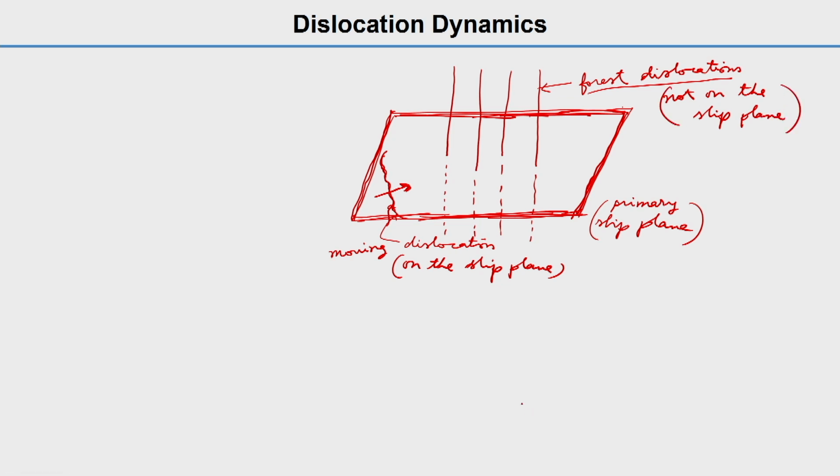So what will happen now? This dislocation will need to overcome these forest dislocations. So the forest dislocations are the barrier or obstacle for the moving dislocation.